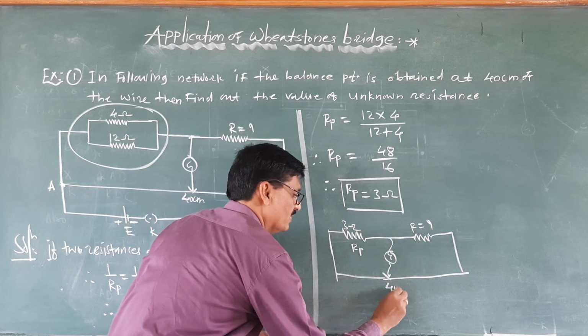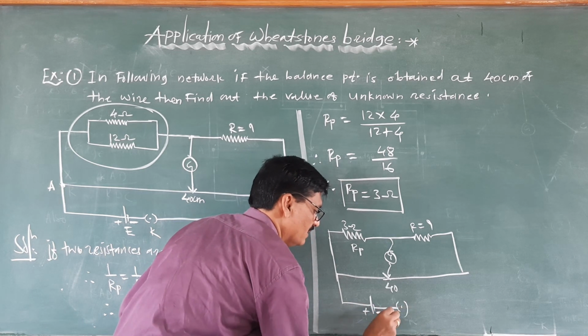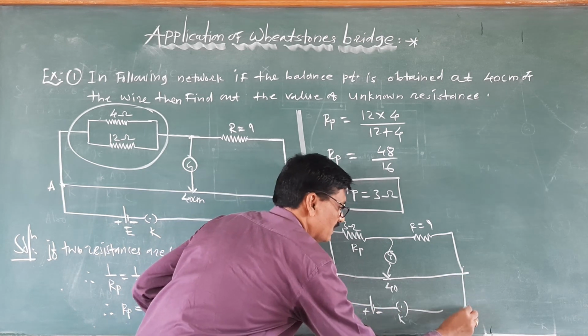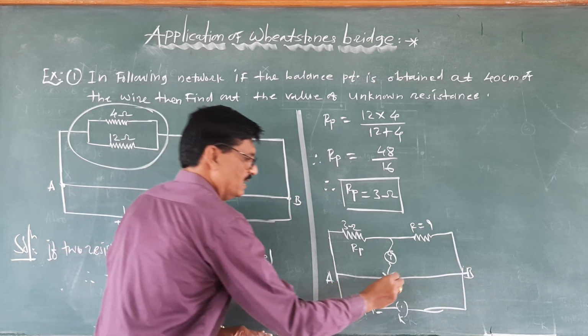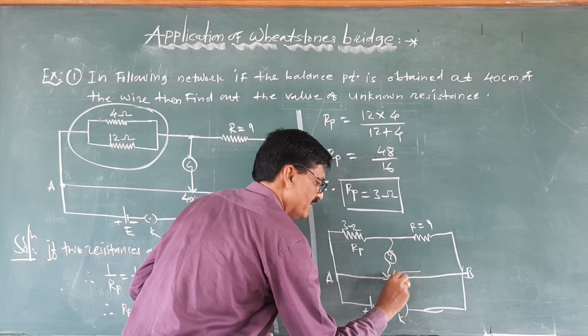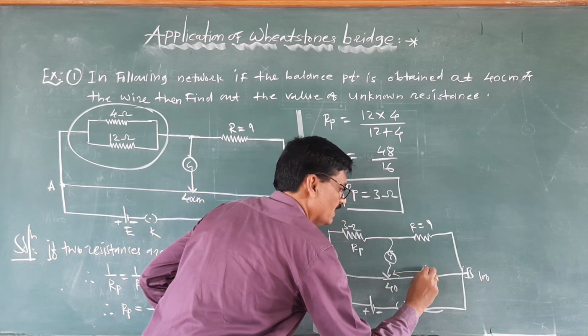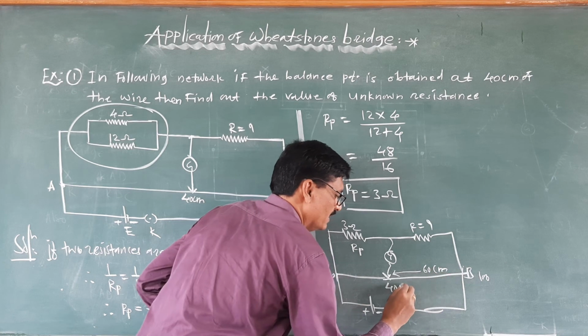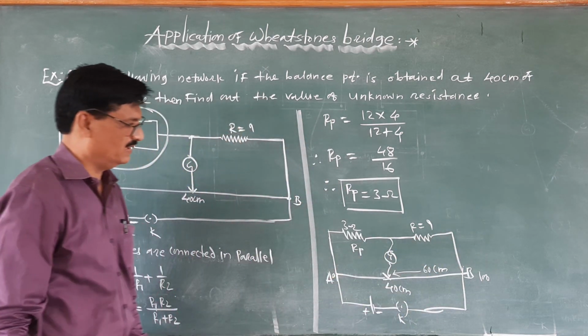This balance point is obtained at 40 centimeter. This is battery E. This is point A and this is point B. This distance is 40 centimeter, and the total from A is 0 to 100 centimeter, so the remaining distance is 60 centimeter.